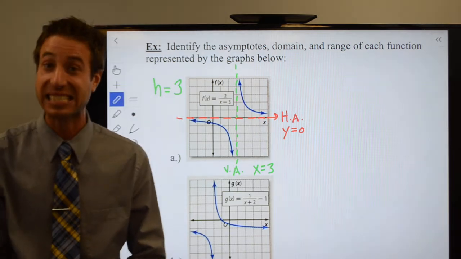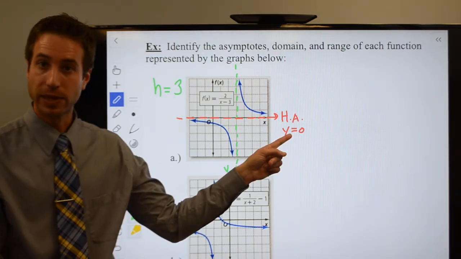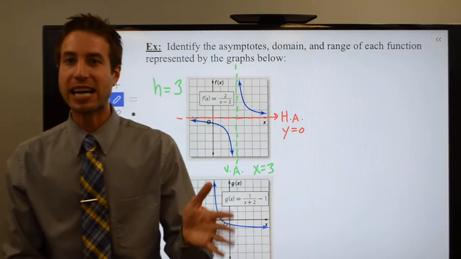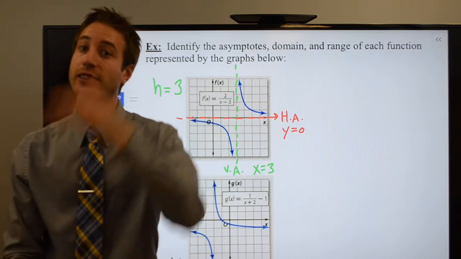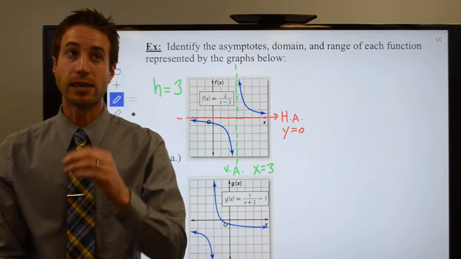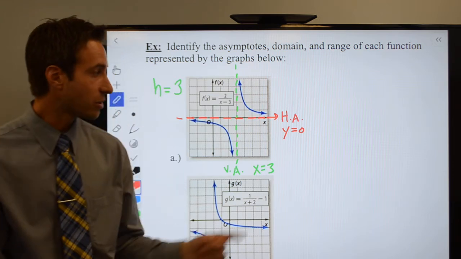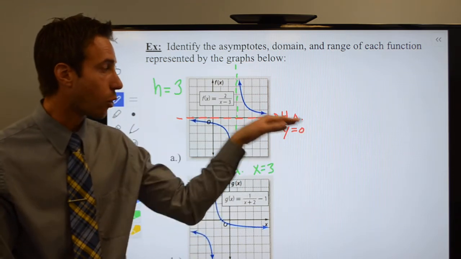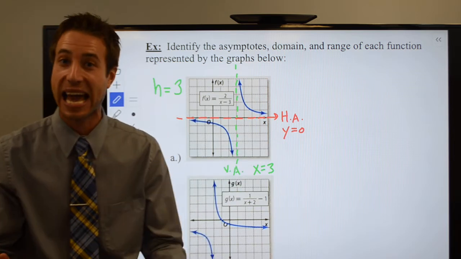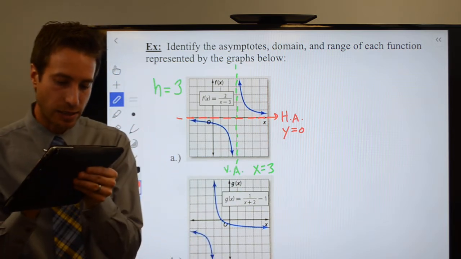Remember, the x-axis is y equals 0. Well, I told you on the first page of the notes that the horizontal asymptote is represented by the value of k. Since y equals 0 is the horizontal asymptote, that means that k has to be 0.